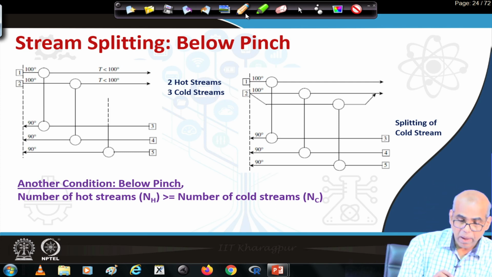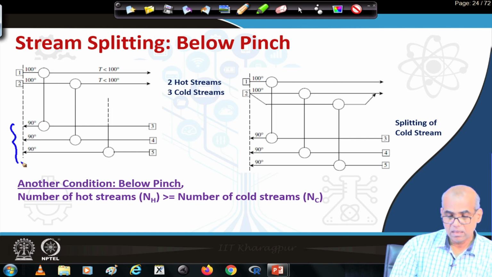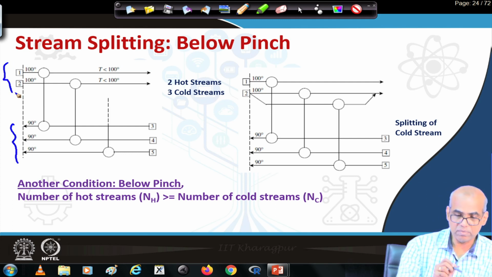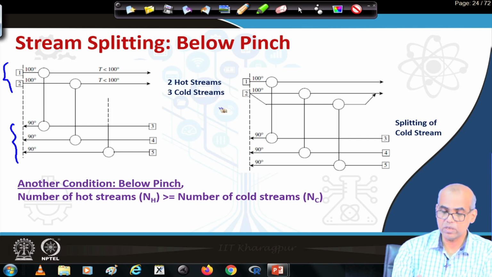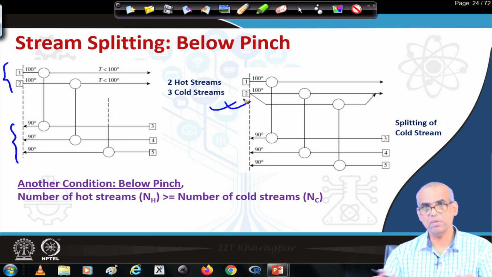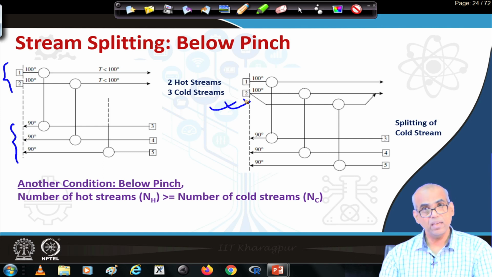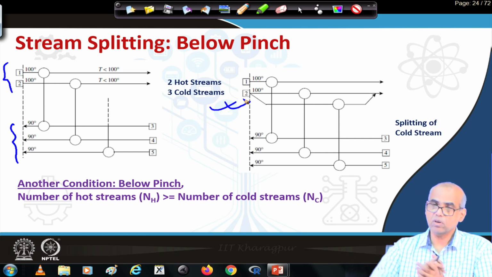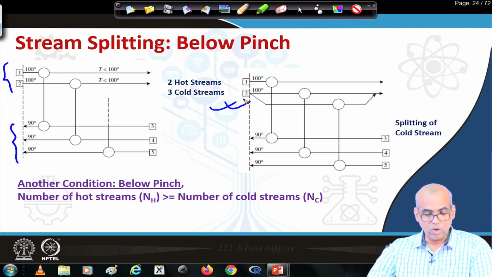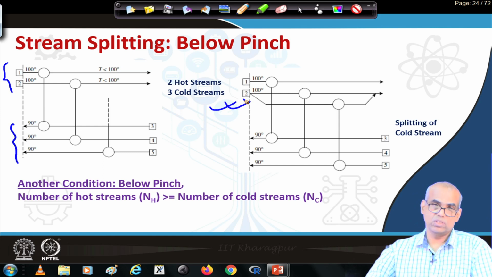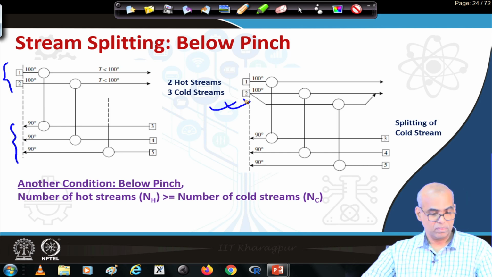So, in a case if I have say 3 cold streams and 2 hot streams, I can split one hot stream into 2 parallel branches for making feasible matches. So, again I have an additional condition apart from conditions on Cp values. So, number of hot streams in the region below the pinch must be greater or equal to number of cold streams.